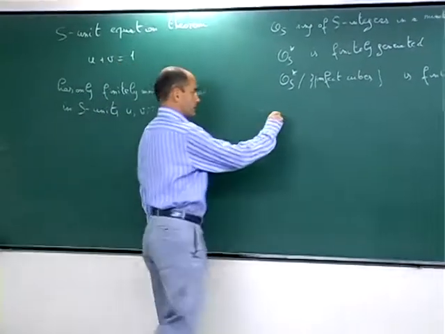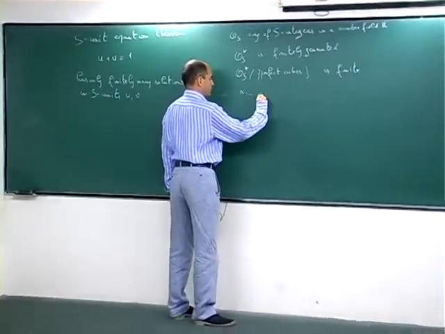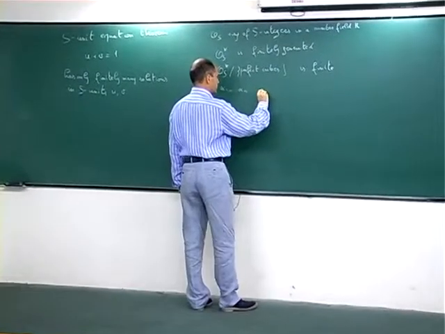So we let alpha_1, ..., alpha_n be representatives.